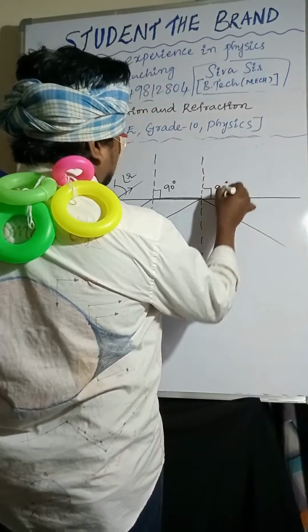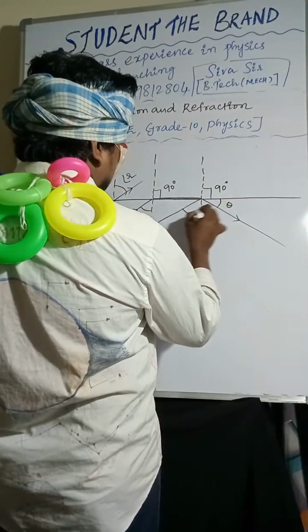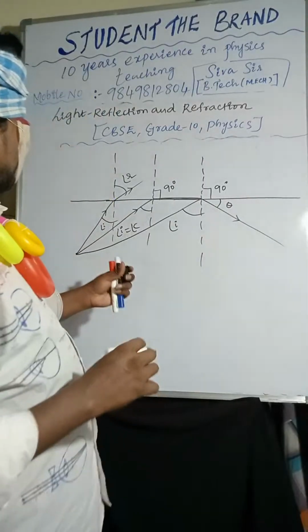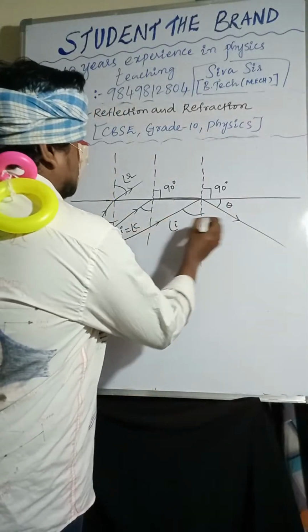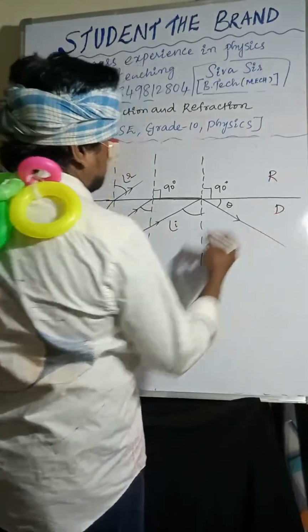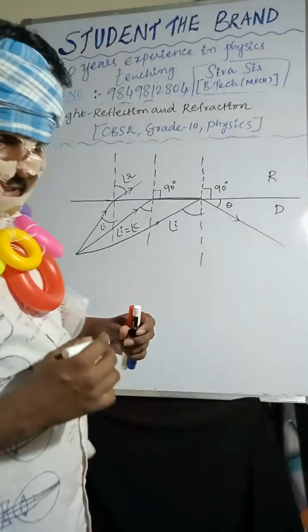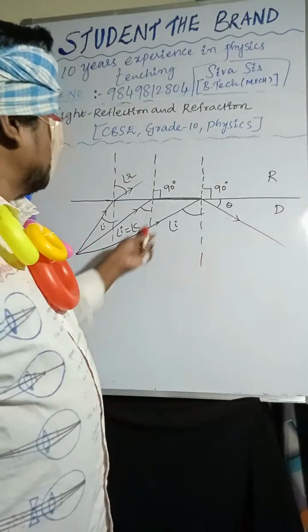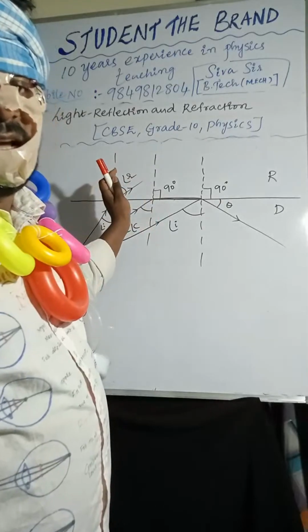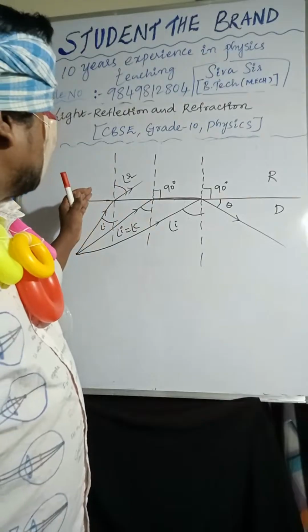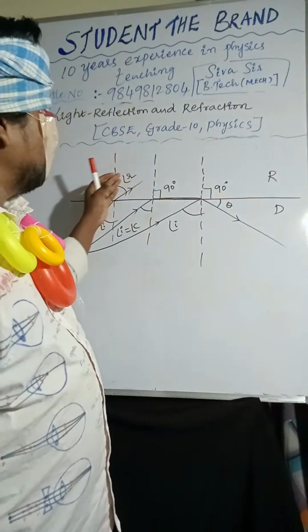So 90 degrees and theta, angle of incidence. Here you can observe, this is a rarer medium and a denser medium. Normally if the light ray is passing from denser to rarer, it moves away from the normal line.